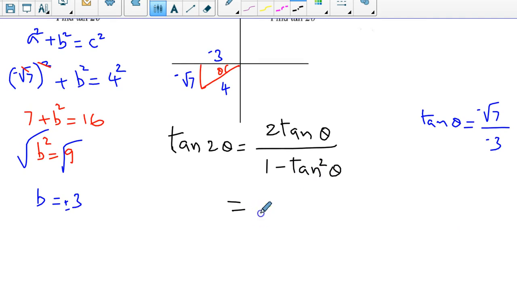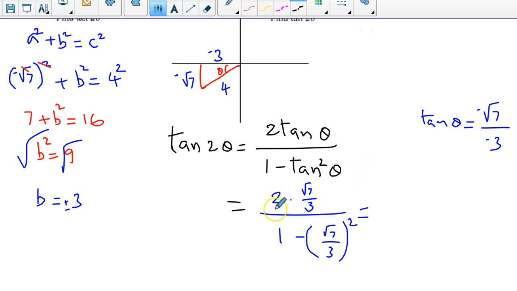Okay, so I write here 2 times square root of 7 divided by 3, and 1 minus square root of 7 over 3, and I'll square it because it is tan square theta.